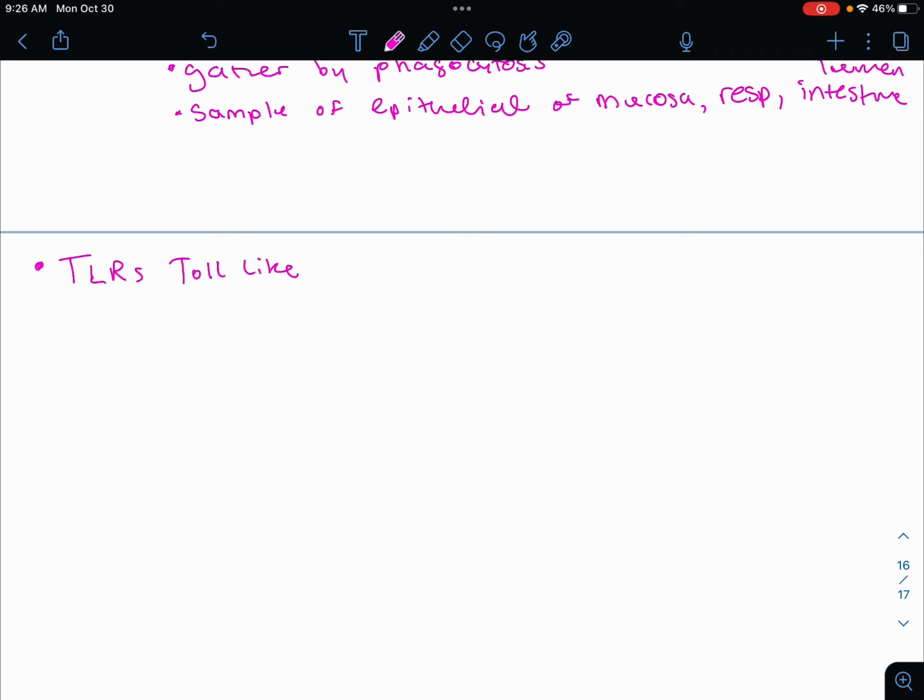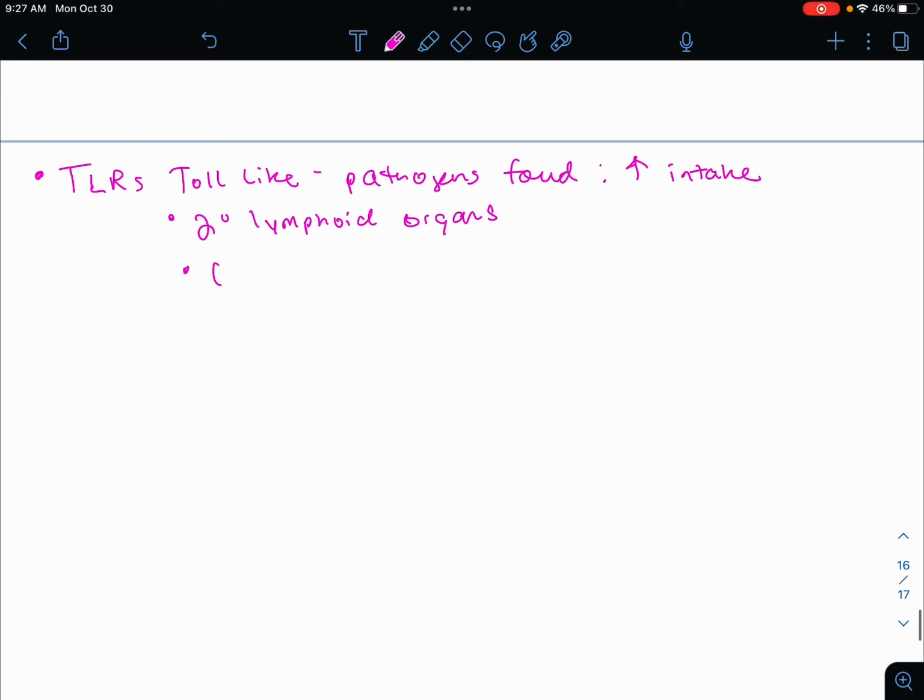Again, toll-like receptors are actually seen in the innate immunity. If the pathogens are found, then that's going to increase intake of material. They go to the secondary lymphoid organs, such as the spleen and stuff. They're going to make the co-stimulatory molecules.